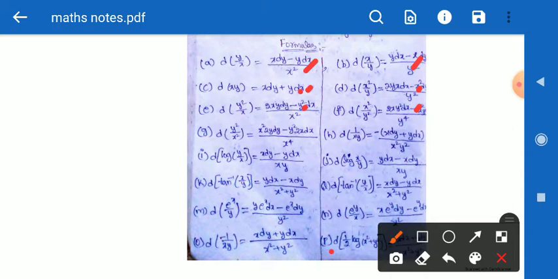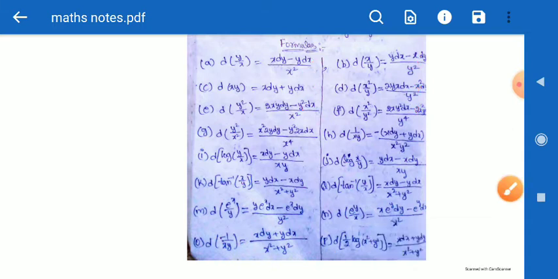If the given differential equation is not in the form of a to p, then we have to multiply or divide by x square or y square, x or y, so that it can be converted into these principles a to p. Then by using these principles we have to solve the differential equation, which is in exact form.